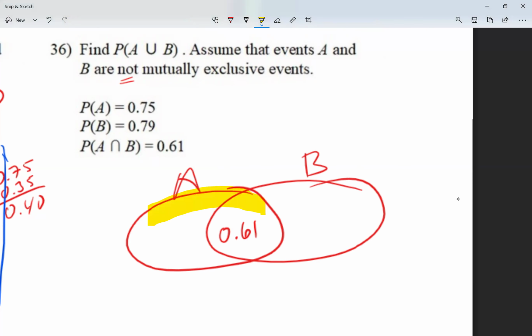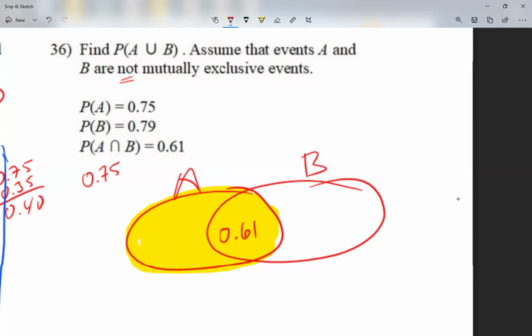When I look at probability of A, it's all this. The whole thing is 0.75. Take away 0.61. That gives me 0.14. So this right here is 0.14.